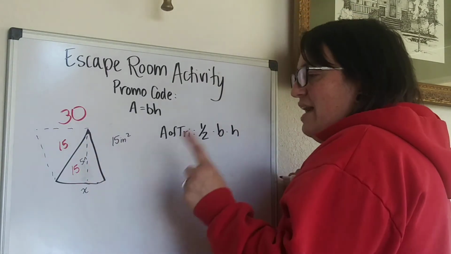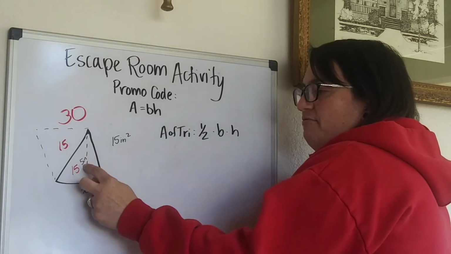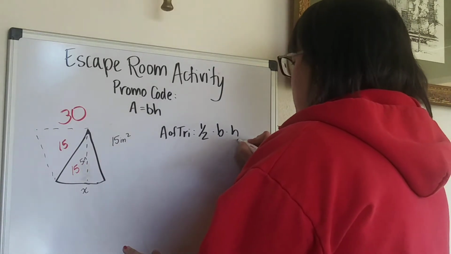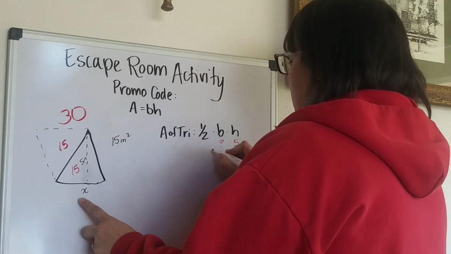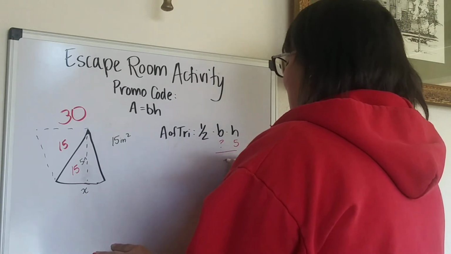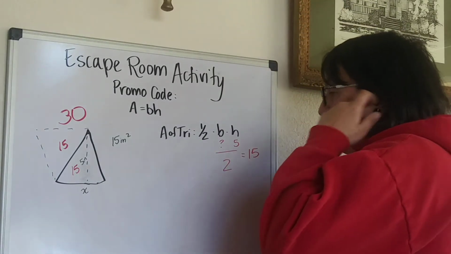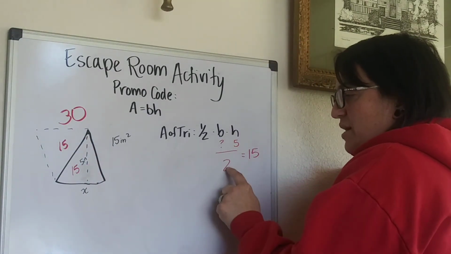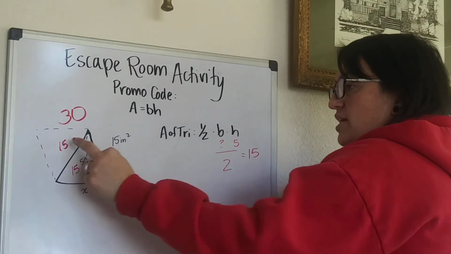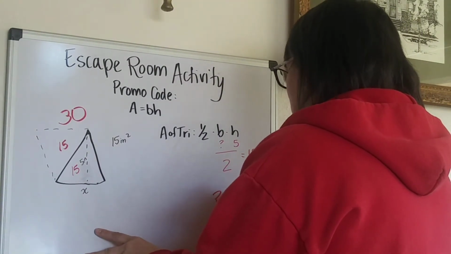Which means I'm now having to stop and say, wait a minute, when I take 5, right, because 5 is my height, my base is, I don't know yet, and then when I cut that in half, I get 15. Which means I need to think backwards and say, but when I double that, I get 30, right? Meaning instead of dividing by 2, if I multiply this by 2, I doubled it. Now I'm saying what times 5 equals 30?